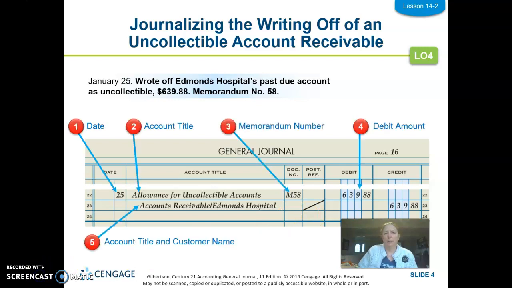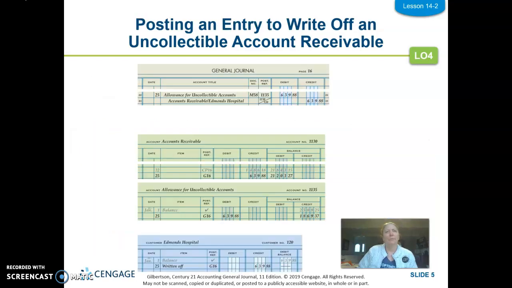So let's just flip through that real quick. Nothing that dramatically different there. Then posting, they've shown you as well, and it is not going to be any different than you always did. Post the date down in the green, which is the general ledger, and again, you have this handout if you want to take notes on it. The green is the general ledger.